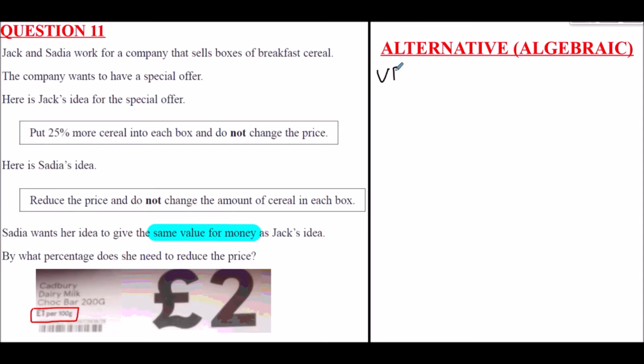Value for money, VFM for short, is just cost divided by amount. But for this question, as we already know, we're not told what the cost is or the amount of the original cereal. So we can just say let X be the original cost of the cereal, and let Y be the original amount.